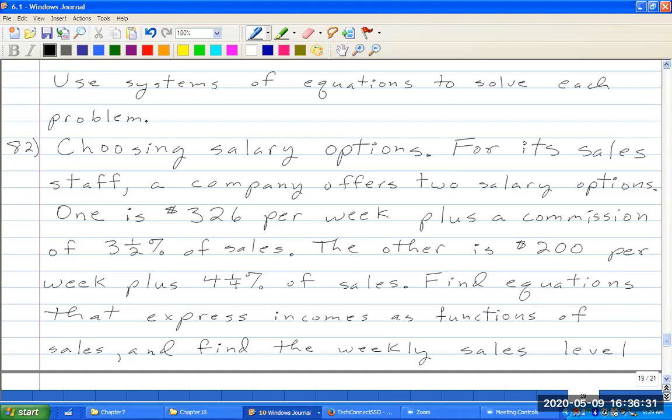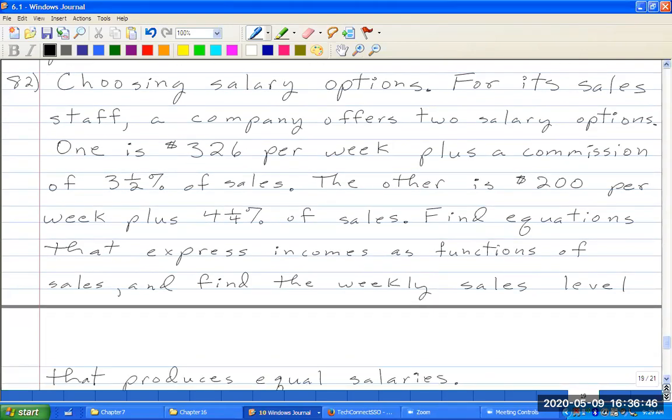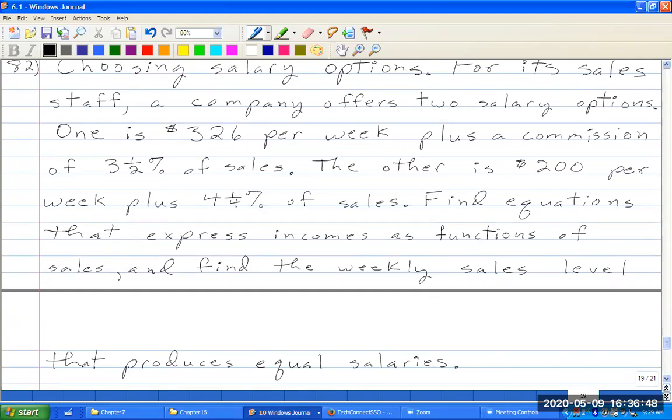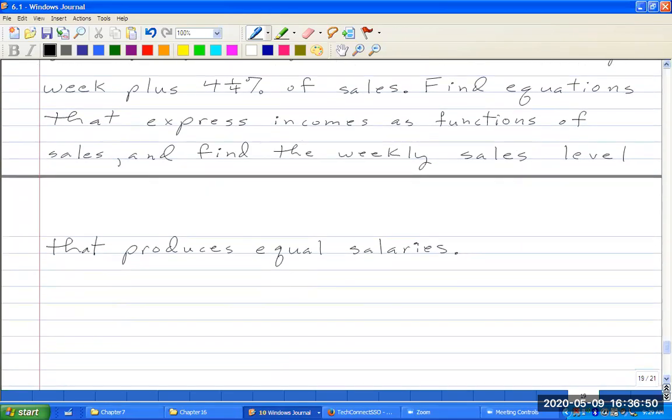The other is $200 per week plus 4.25% of sales. Find equations that express the incomes as functions of sales and find the weekly sales level that produces equal salaries.